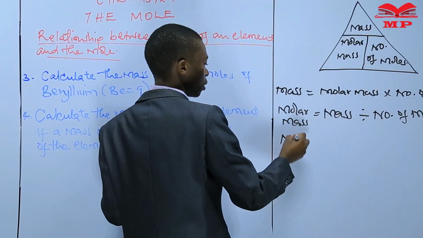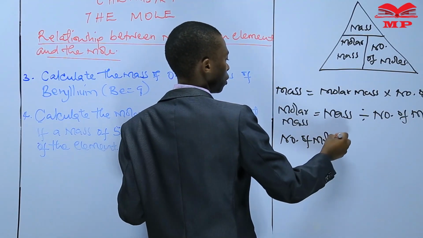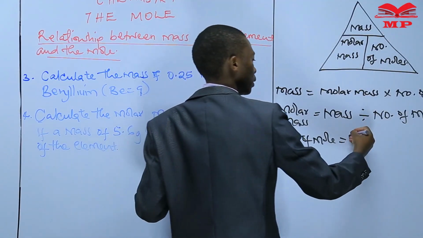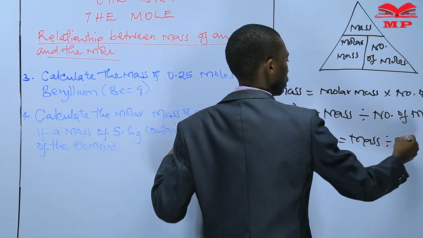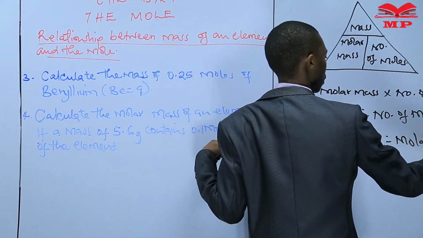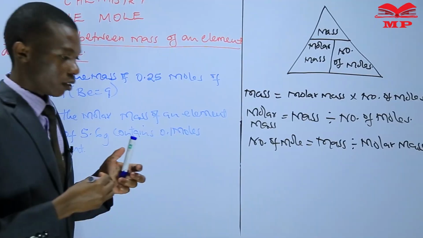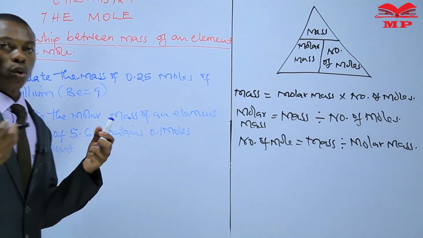And the number of moles is given by mass divided by the molar mass. And once you know that, then it becomes so easy for you to be able to do the calculation.